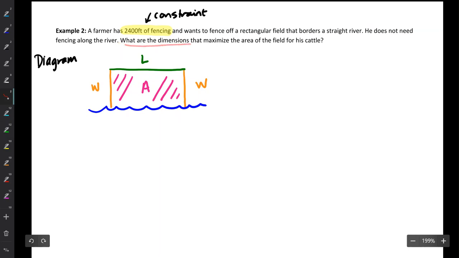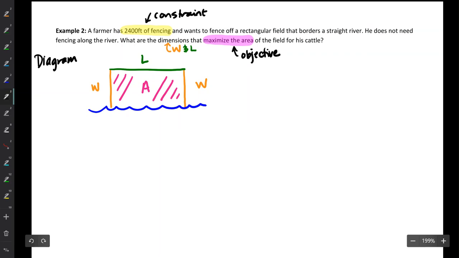And we want to know the dimensions. In other words, we want to know the length and the width that are going to maximize the area of the field. So I see that word maximize, there's my objective.